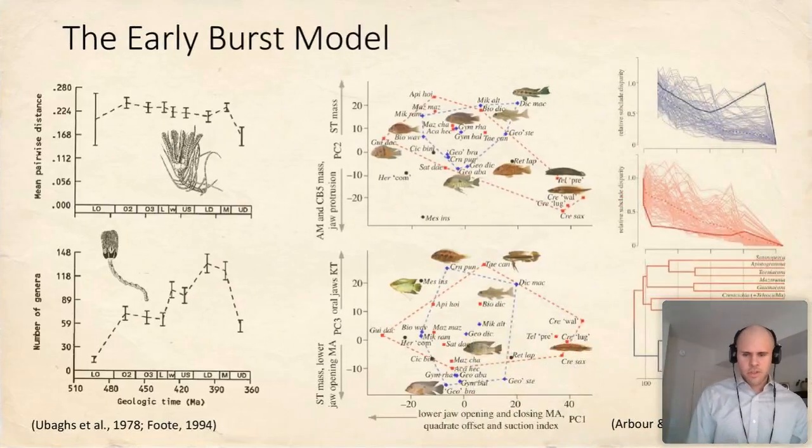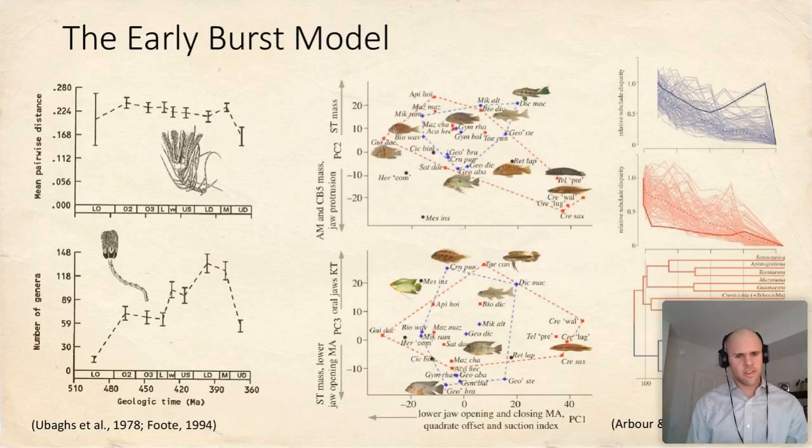I'm sure I don't need to explain the early burst model to anyone here. It's fairly well known. It's one of these concepts that everyone learns in introductory evolutionary biology and paleontology. As you can see here on the left, some classic work by Foote looking at Paleozoic crinoids.